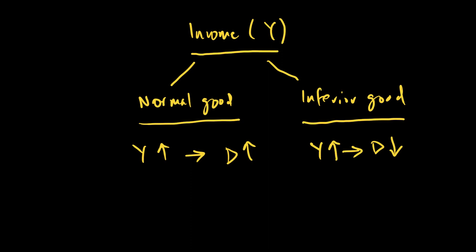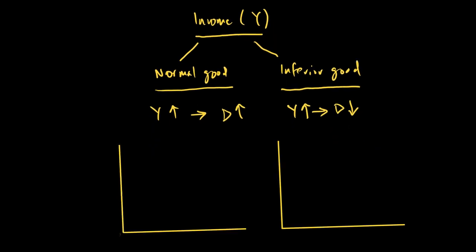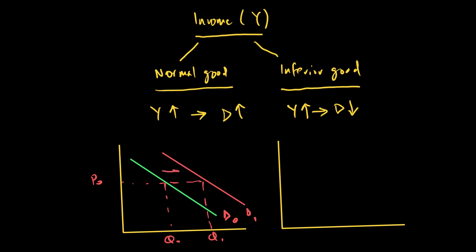So how do I show that in terms of our diagram? In terms of our diagram, what we will see is, for normal goods, the demand curve will shift to the right. So if this was my demand curve D naught, my demand curve may shift to D1, and that means that for each and every price level, a consumer is willing and able to buy more.